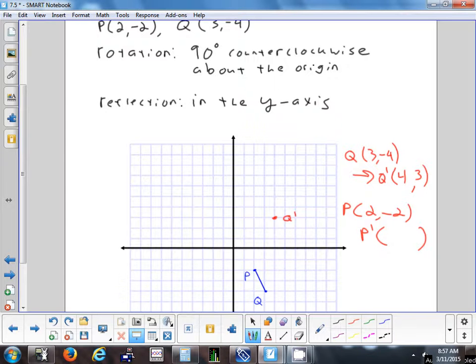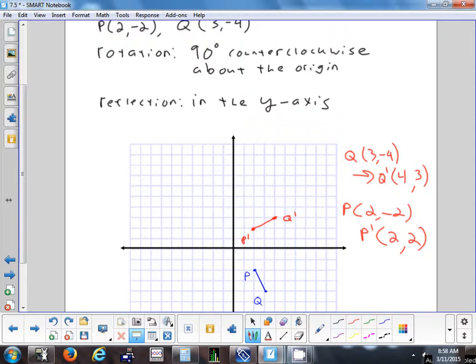Okay, so what's P prime going to be? Yeah, 2, 2. Good. Up 2, right 2. Okay, and if we've done this right, it should look like a 90-degree counterclockwise rotation about the origin.